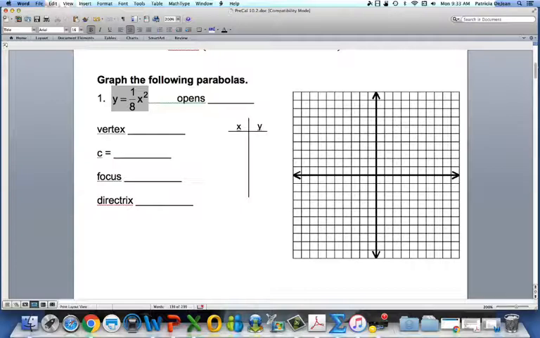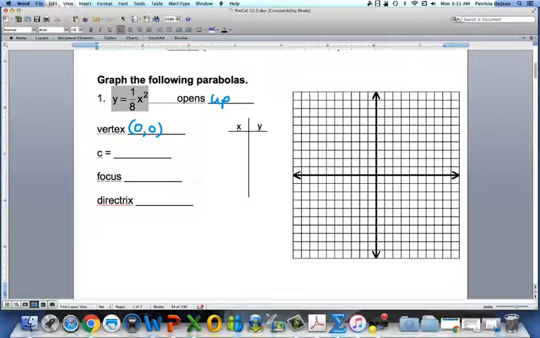That means that our vertex is at 0, 0. 1/8 is positive, so just like we always talked about, if the number in front is positive, it opens up. So our parabola is going to open up.